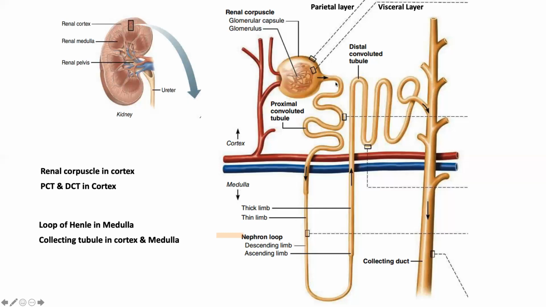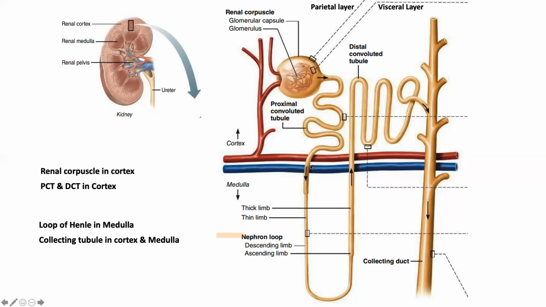And from the renal corpuscle, the proximal convoluted tubule, which is in the cortex portion of the kidney, and then goes into the medulla as the loop. And here you can see the thin loop and the slightly bigger thick loop, and it comes back into the cortical portion as the distal convoluted tubule, and finally comes into the collecting ducts here.